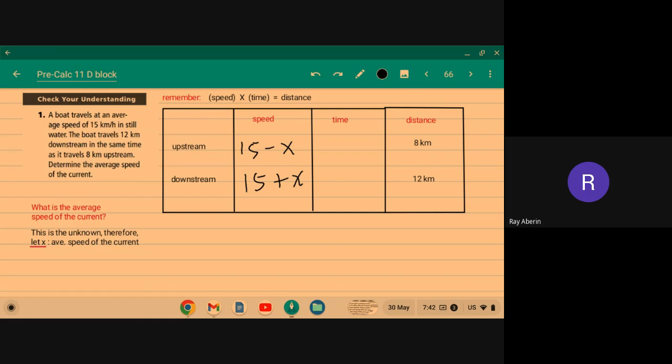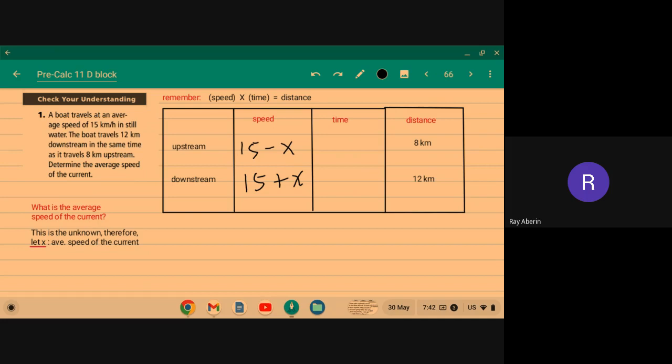If we are going to figure out what the time is as it is moving upstream, remember that speed times time is equal to the distance. Therefore, this times this is equal to this, right? Now, if time is what we are looking for, it would be distance divided by the speed.